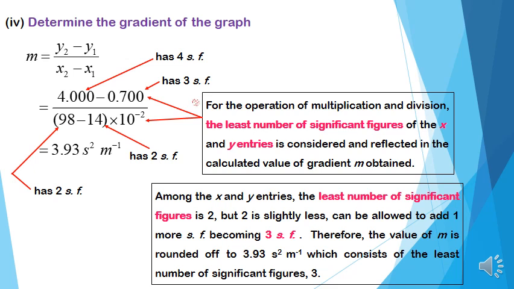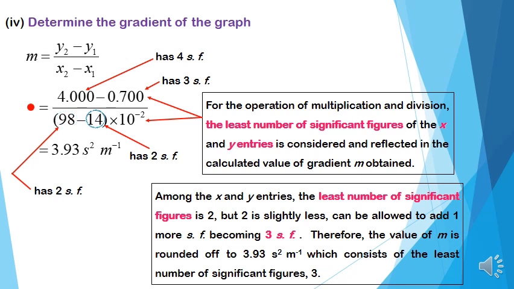For the operation of multiplication and division, the least number of significant figures of the x and y entries is considered and reflected in the calculated value of the gradient m obtained. The value of y2 consists of 4 significant figures and the value of y1 consists of 3 significant figures, whereas the value of x2 consists of 2 significant figures and the value of x1 also consists of 2 significant figures.